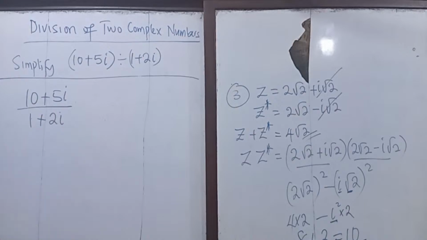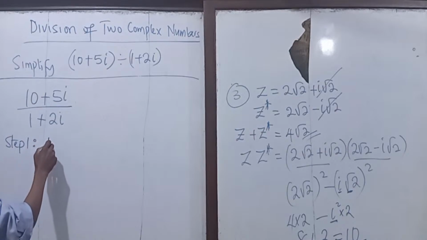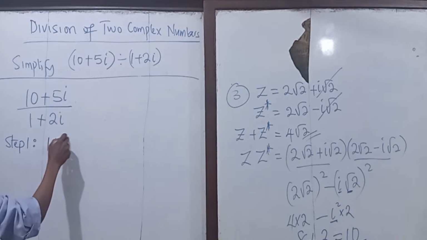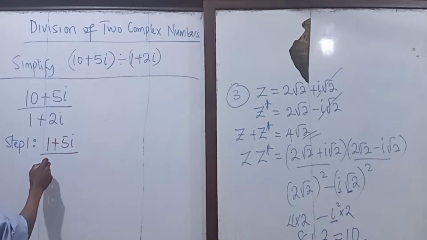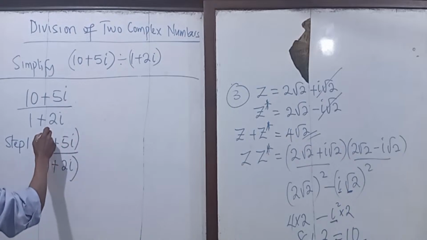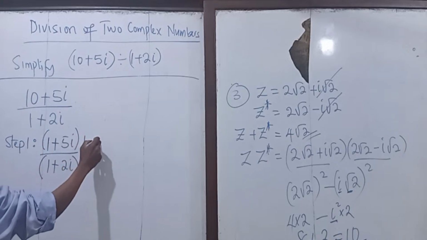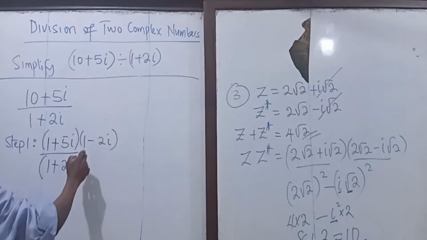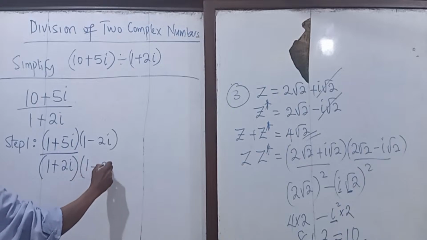When you are dividing two complex numbers, step one is to multiply the given problem by the conjugate of the denominator. Okay, multiply by the what? The conjugate of the denominator, both the top and the bottom. What are we saying?